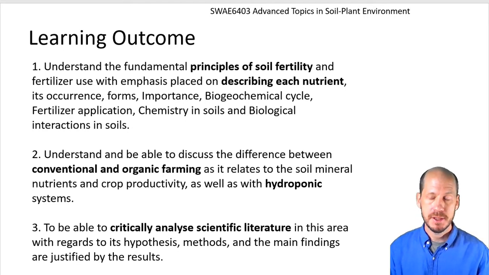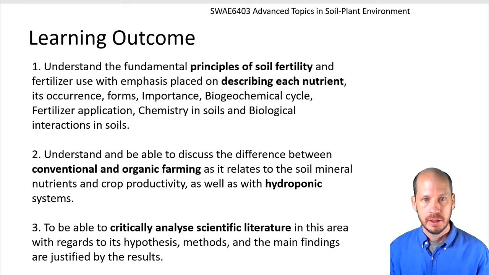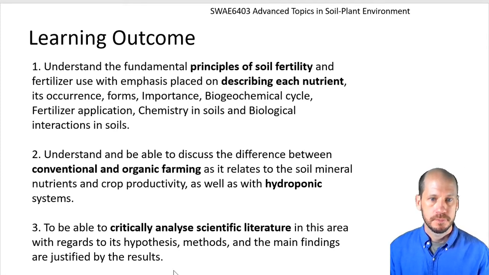Specifically, we will focus on soil nutrients, especially the macronutrients, their biogeochemical cycles, their chemistry, their biology, and how all these relationships affect their bioavailability to plants. On top of this, we will discuss different farming systems, conventional farming, organic farming, and hydroponic systems, which are soilless, and how nutrient management occurs in these different systems. So expect to have some lectures and discussions about this.